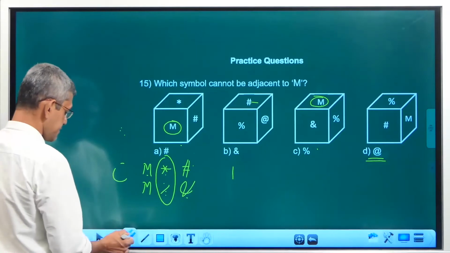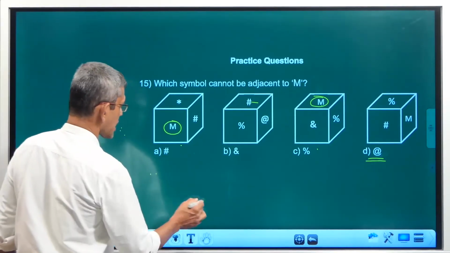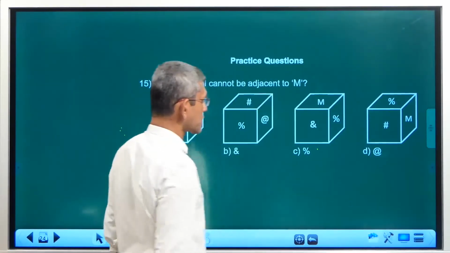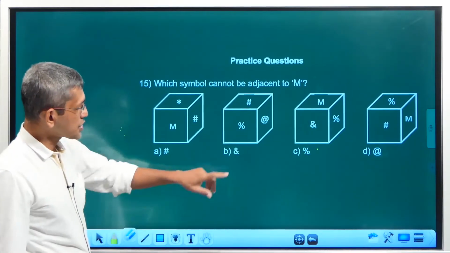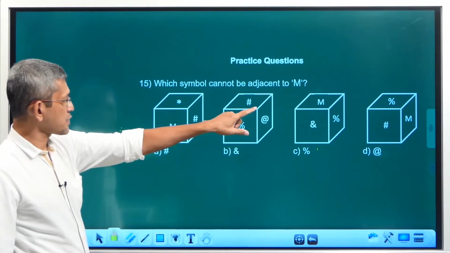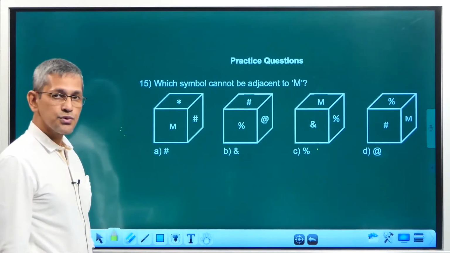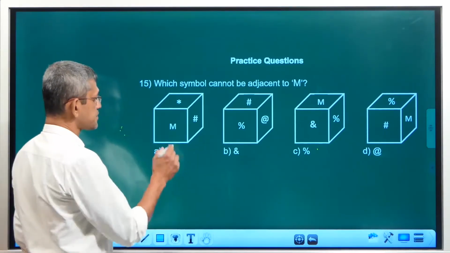Next possibility. How about we try image number 1 and 4. Let's compare 1 and 4. Here we have M, star and hash, and here we have hash and M. So there are 2 elements common. If 2 elements are common, what do you do?